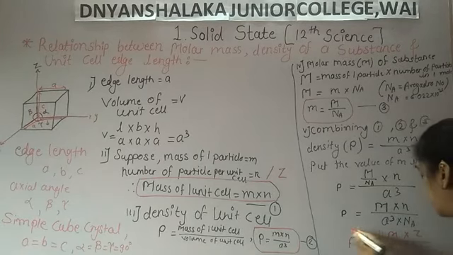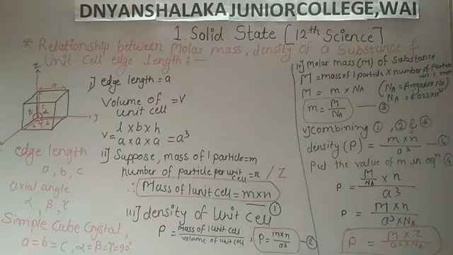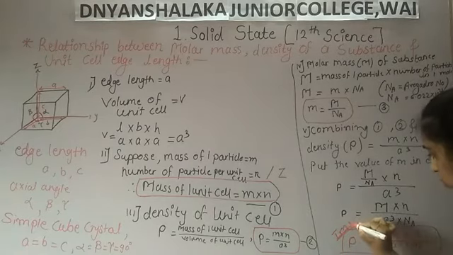This is our final density of substance using the first, second and third equations. With this final formula we solve different types of examples or numericals. This is a very important formula.